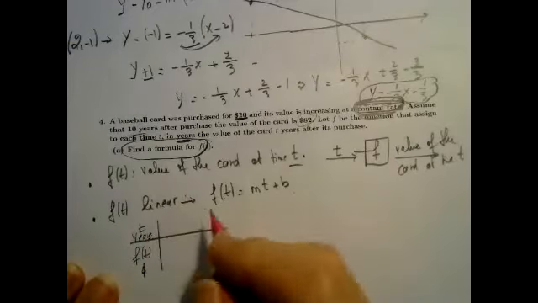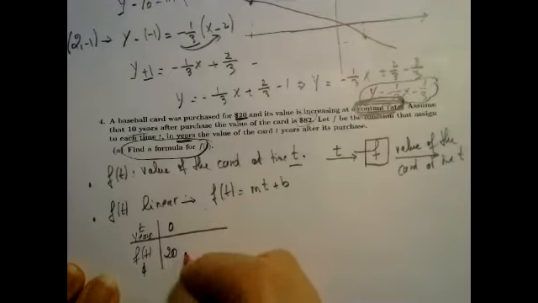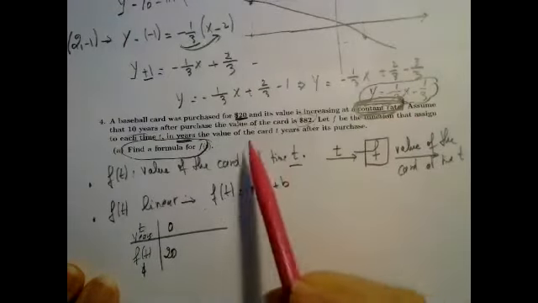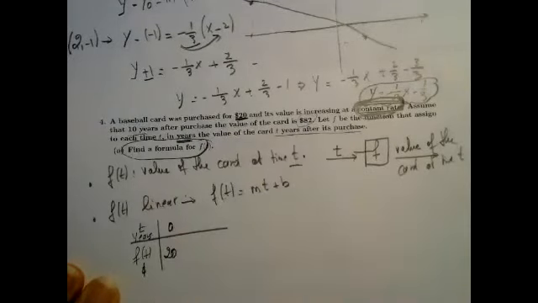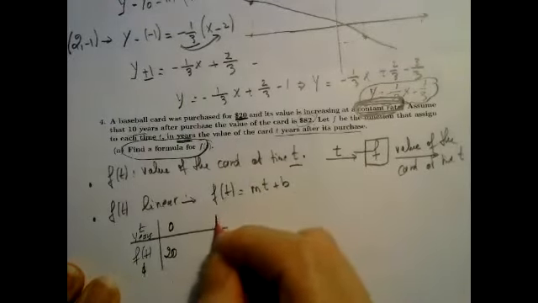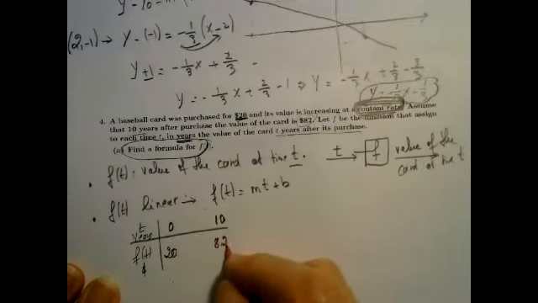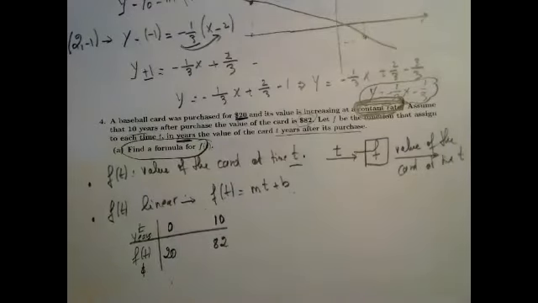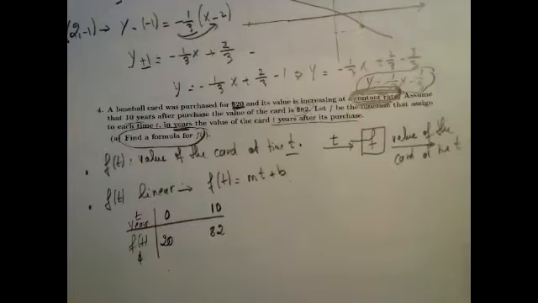You purchase it, that means t equal to 0, $20, because t represents years after purchase. So t equal to 0 is when you purchase it. After 10 years, the value is 82. That's the table that represents this function, and that's the table I want to use to find the formula.